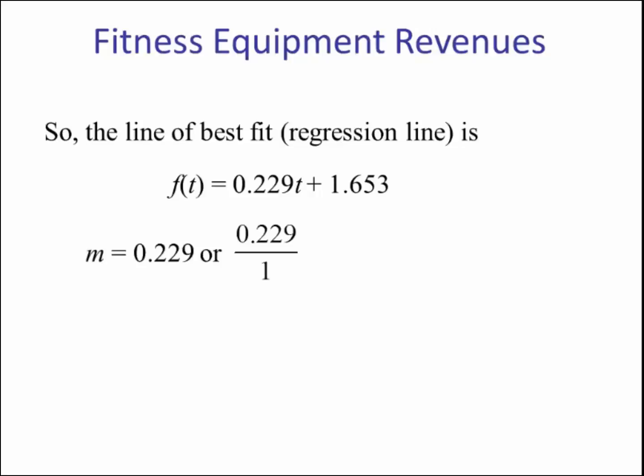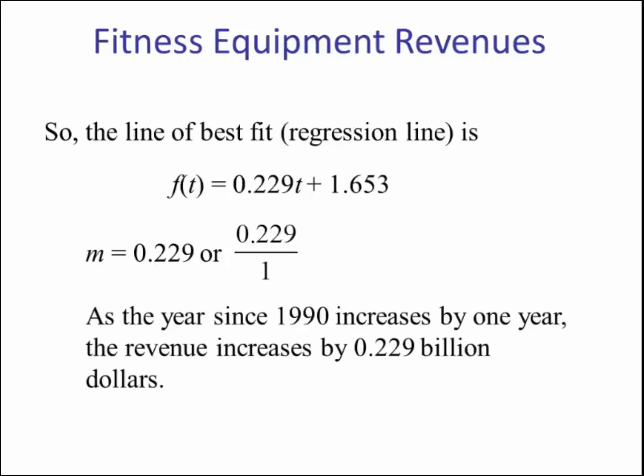The slope is 0.229, or we could write it as 0.229 over 1. To interpret this slope, we would say, as the years since 1990 increase by 1 year, the revenue increases by $0.229 billion.